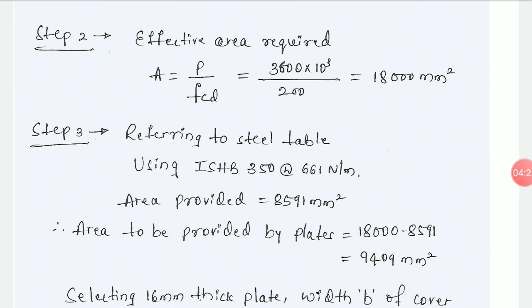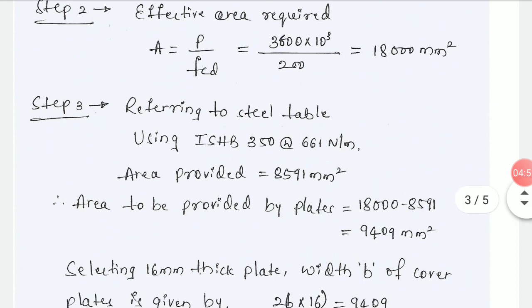Here I am selecting ISHB 350 at 661 newton per meter, that is the weight of the member per meter length. You can check the steel table. There you will get ISHB 350 at 661 newton per meter, the area of which is 8591 mm square.